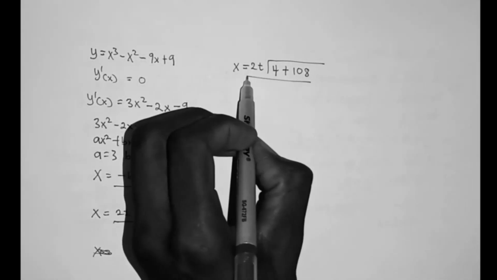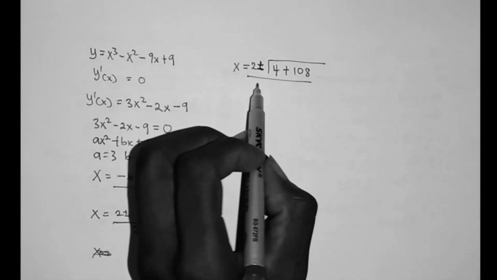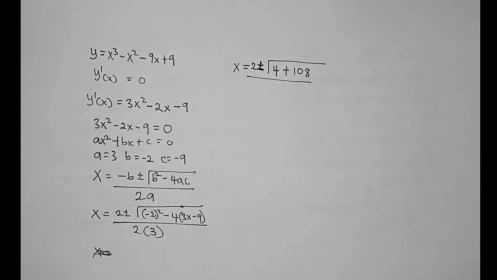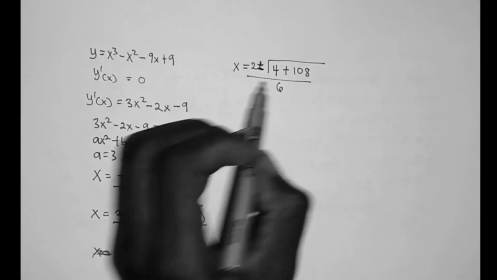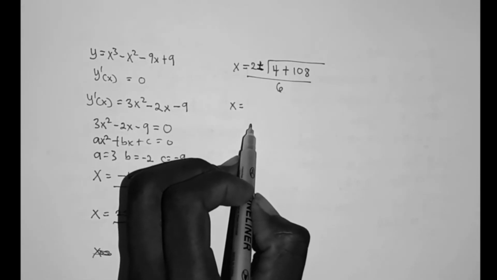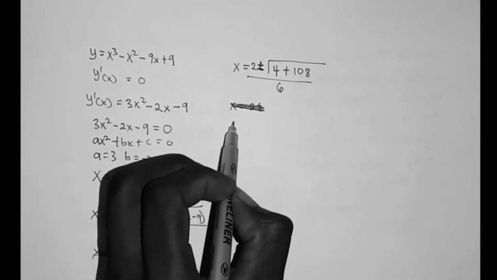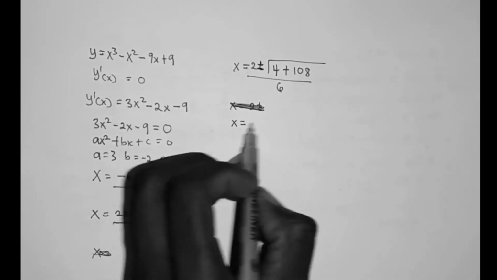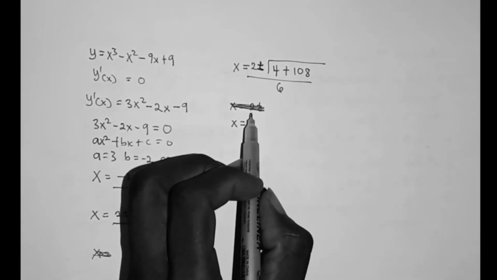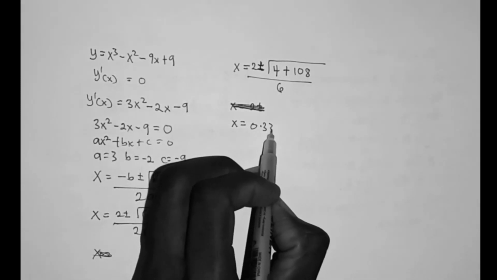All of that divided by 2 times 3, which is 6. So further simplification, x is equal to 2 divided by 6, which is 0.33.